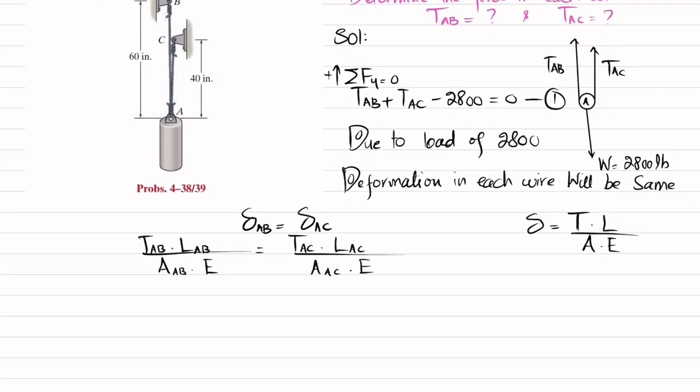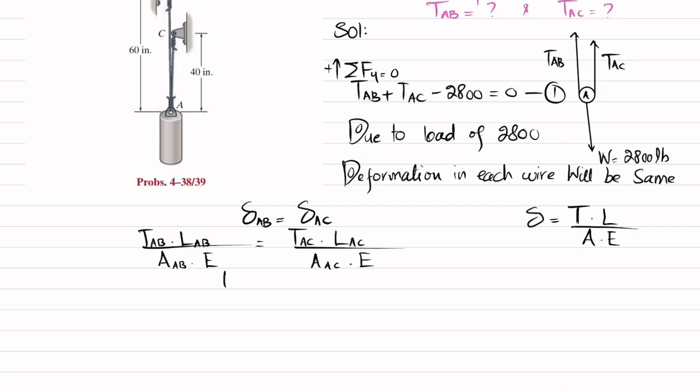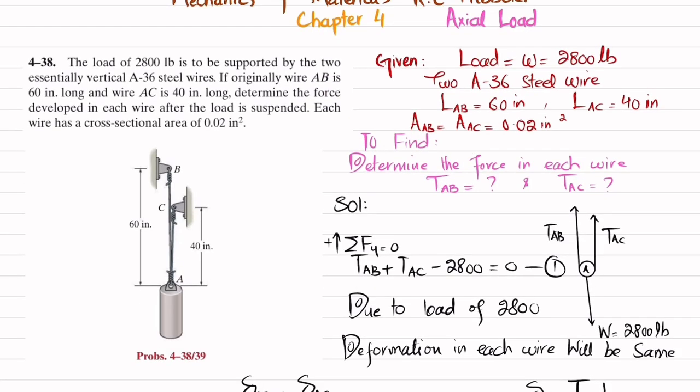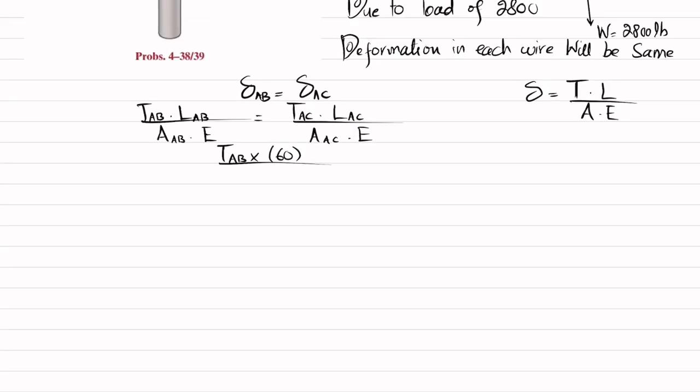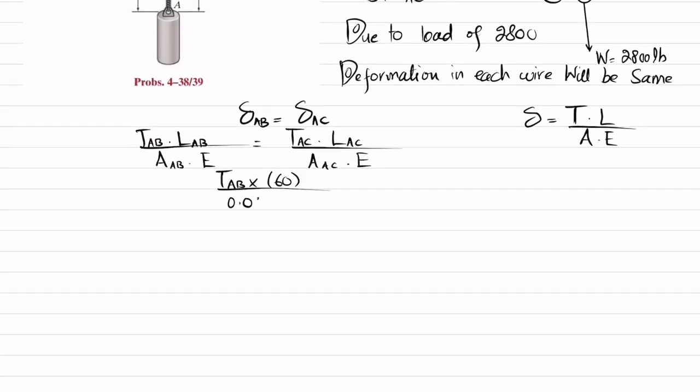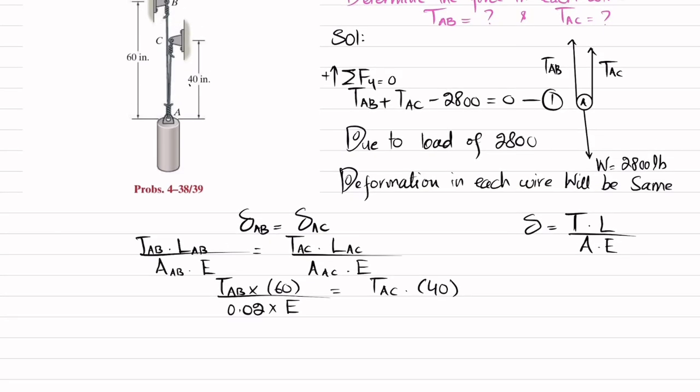TAB is not known, length of AB is given as 60, divided by area, which is given as 0.02 inch squared for both. So 0.02 multiplied by E. And that is equal to TAC, which is not known, length is given as 40 inch, divided by area 0.02 multiplied by E.